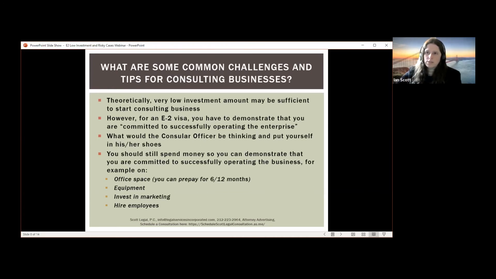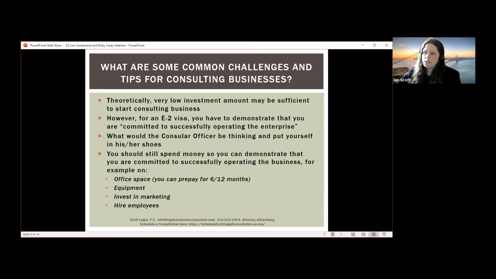It will depend a bit on where you're applying, but if you're applying at a friendly consulate, then the minimum investment you want to look for is somewhere between $35,000 and $50,000 spent, and then ideally, another $50,000 put in a business bank account. So you're somewhere in the neighborhood of $65,000 to $100,000 total, including your expenditures plus your working capital.